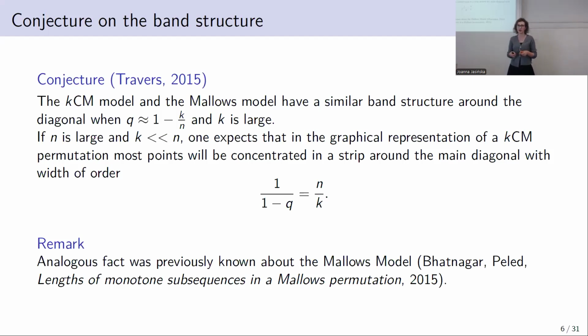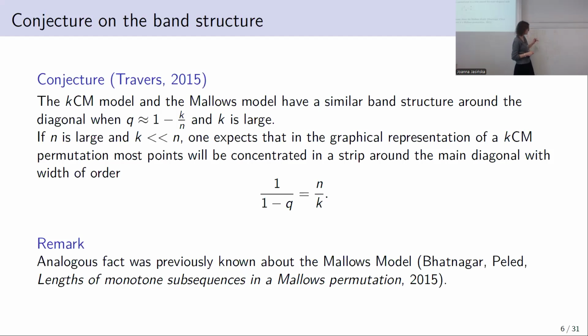So if you think about a permutation as little squares in the unit square, and you make this picture have a lot of tiny squares, it turns out that the k-card minimum permutation has more or less this shape. If we have a lot of points and we zoom out from it, and in the Mallows model we also have a lot of points somehow here.